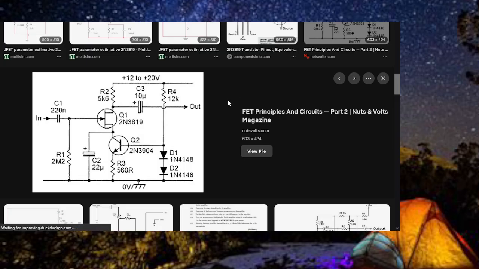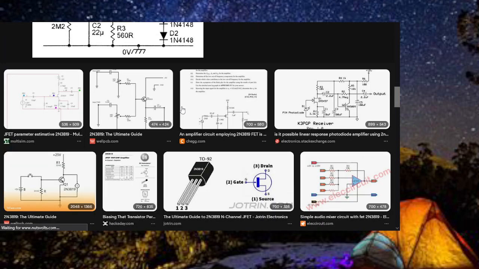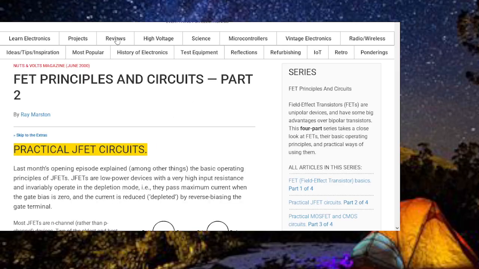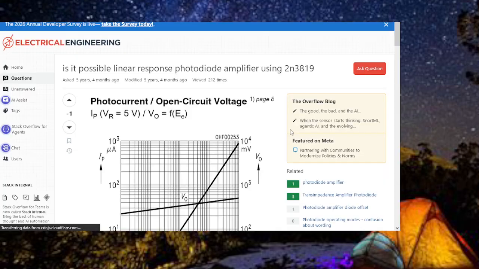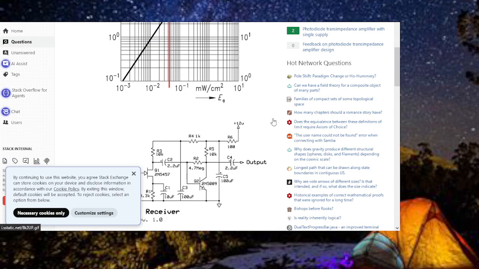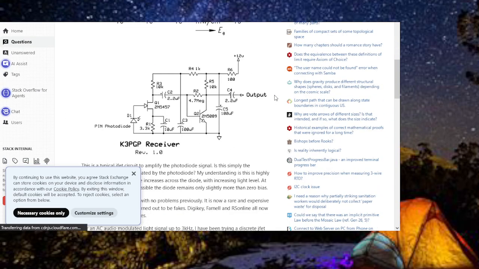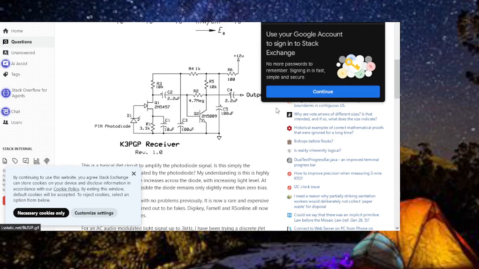Let's see what this thing says. It's taking a while, slow for my taste. It's loading up another web page. Oh, here's a photodiode circuit.